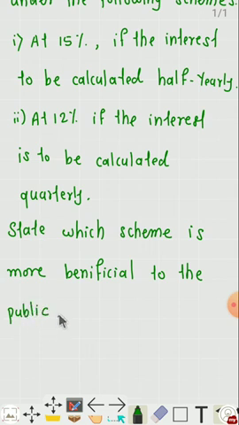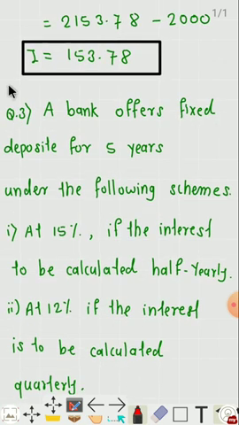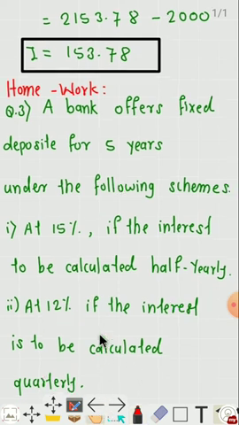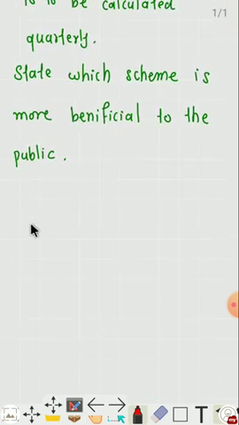I would like to give this question as homework to you. In this question, what we have to do is find the amount which we get after 5 years in both the cases.